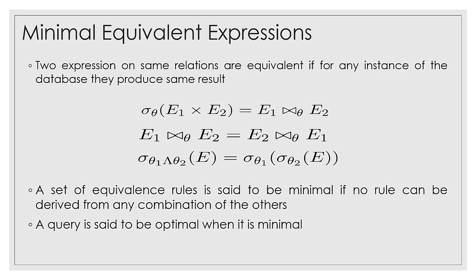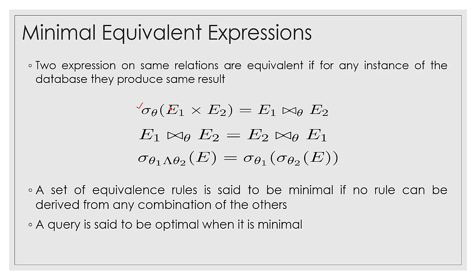Two expressions on the same relations are equivalent if for any instance of the database, at any point of time, for any data, the relational algebra produces the same result, then we are going to say that these two expressions are equivalent.